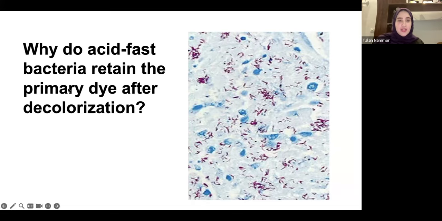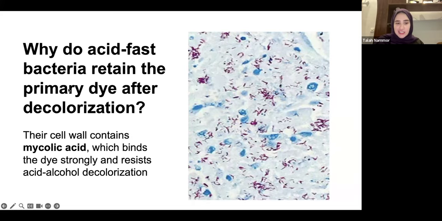Mycolic acid. So the presence of mycolic acid in their cell wall is the thing that will preserve the initial color. Do you get what I mean? Is that clear?